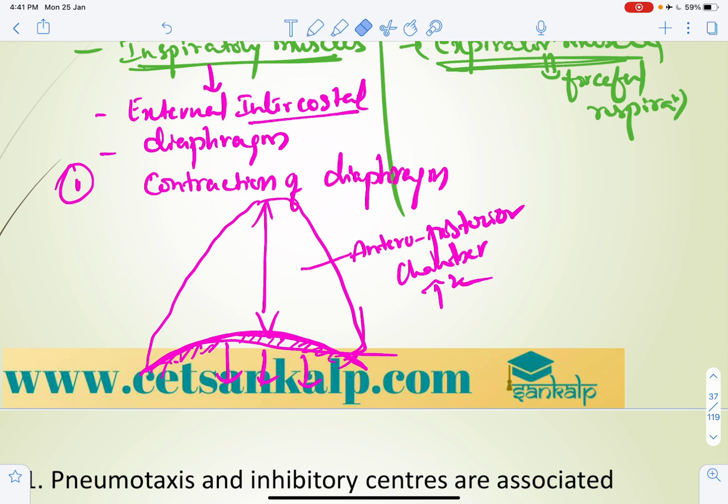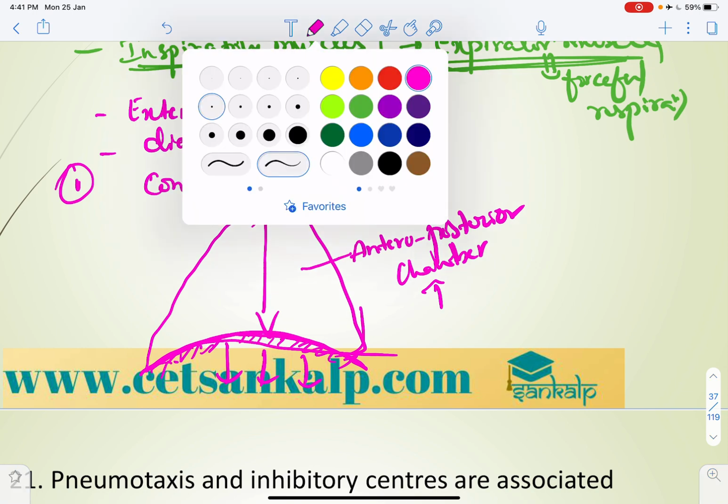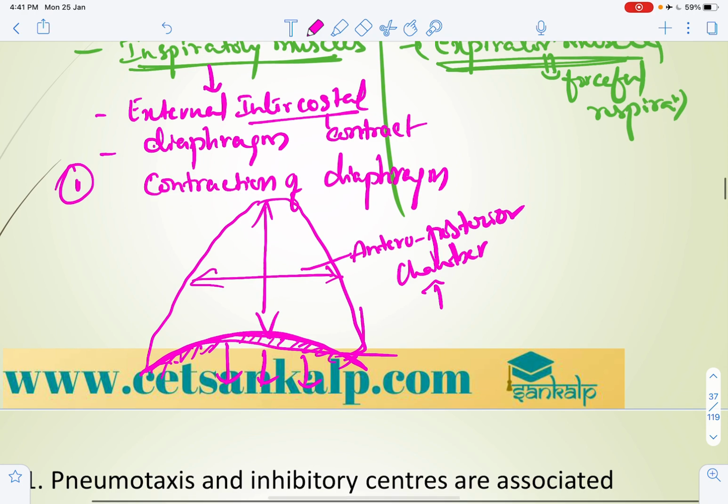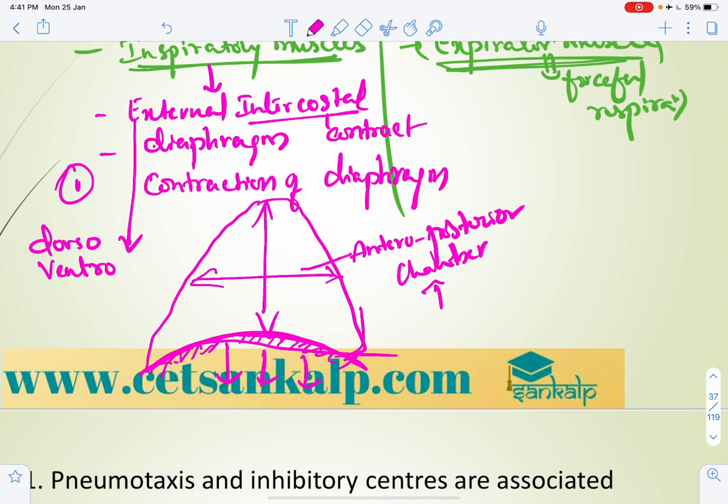Likewise, the external intercostal muscles are also going to contract. The contraction of these external intercostal muscles increases the ventrolateral and also the dorsoventral axis. You can also say dorsally and ventrally.